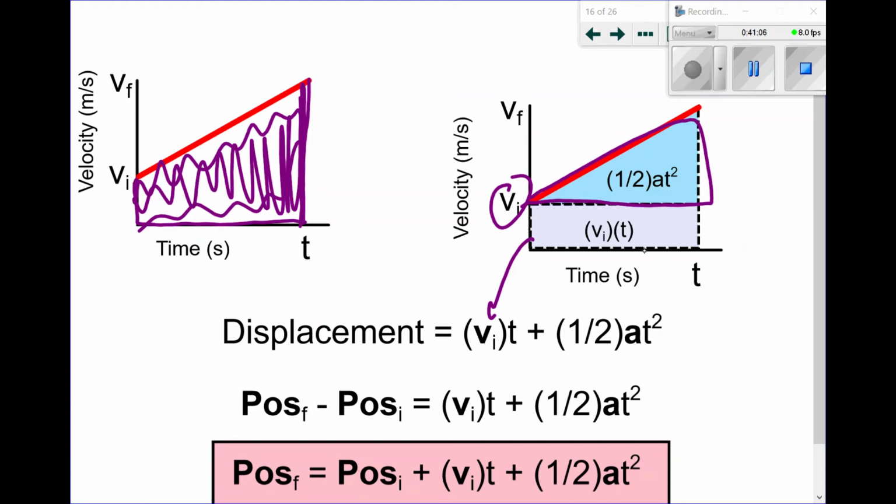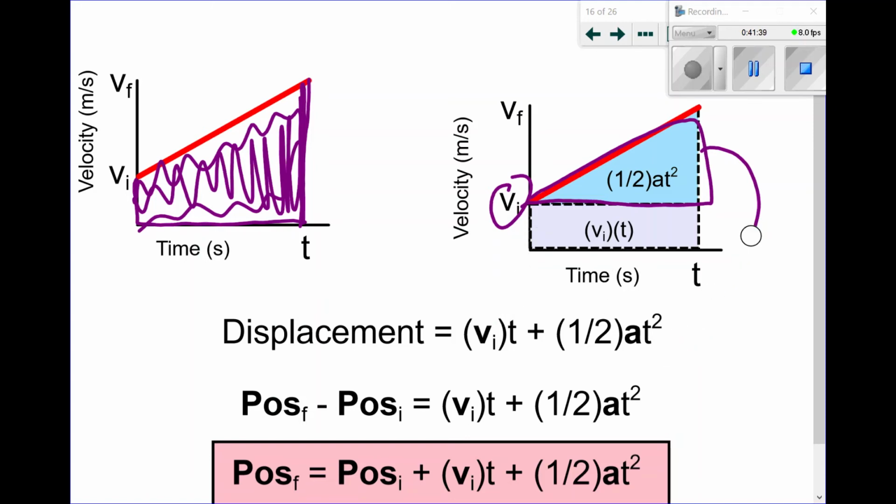For the triangle that's up on top, that's just going to be 1/2 a t squared. So I can easily say that the displacement for an object that starts with an initial velocity is equal to its initial velocity times time plus 1/2 its acceleration times the time squared. And the only requirement for this is that the acceleration remain constant. If the acceleration is not constant, then calculus is required, and that is outside our scope.